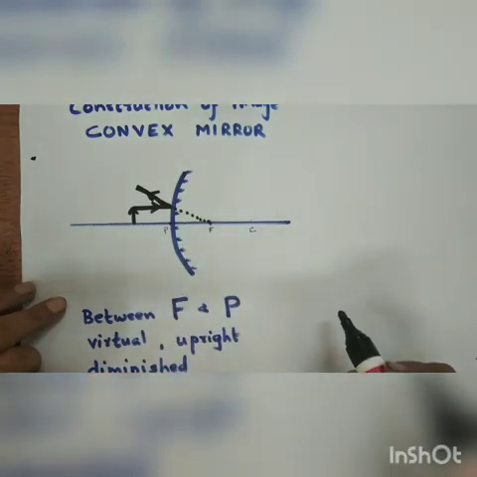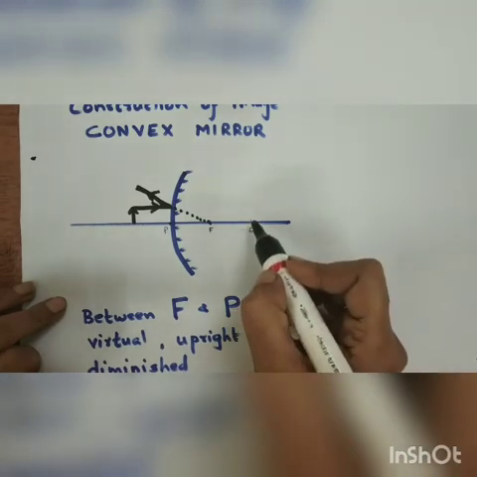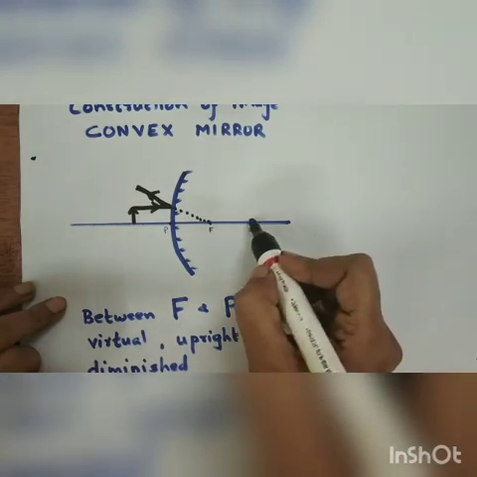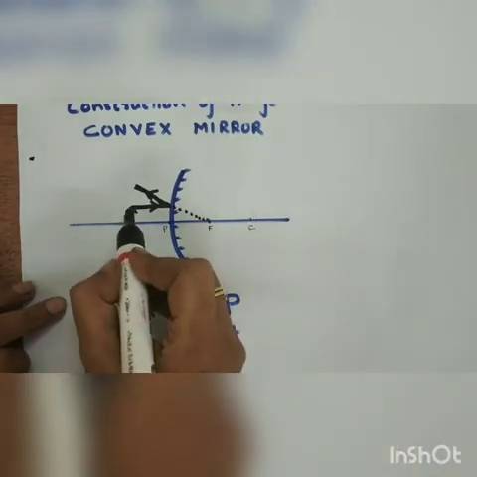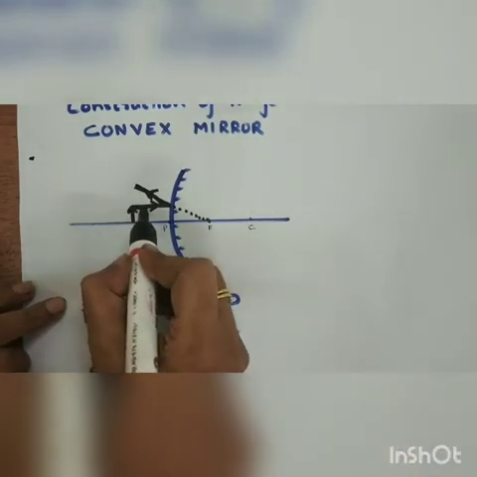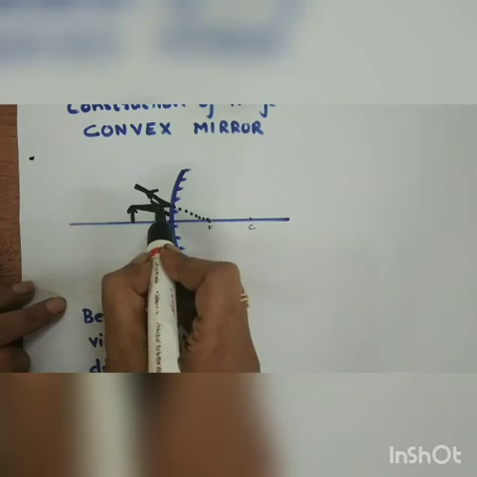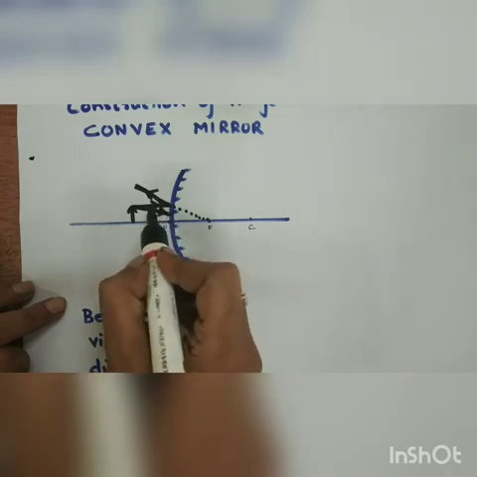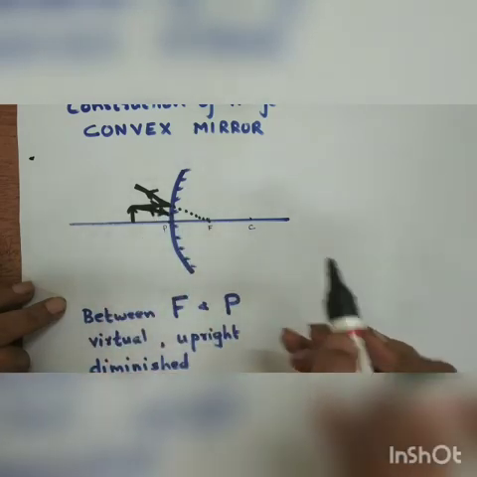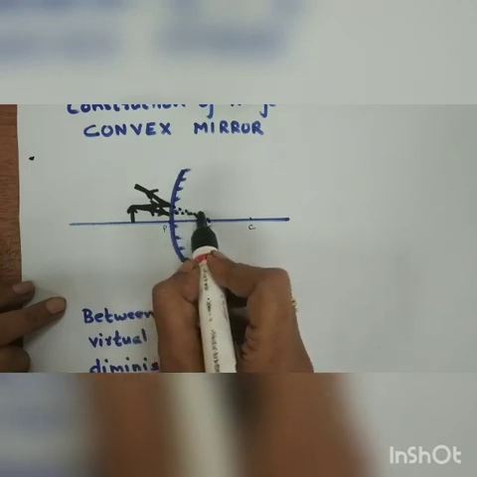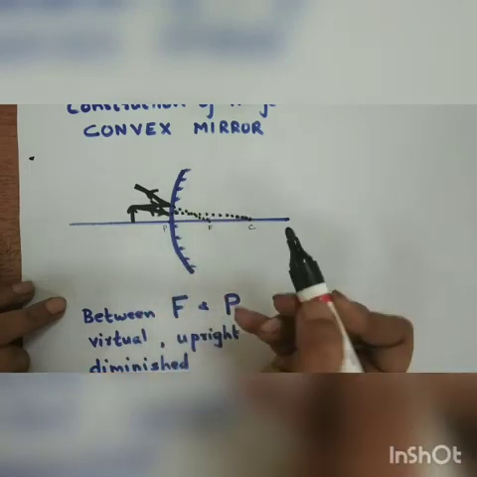And the next ray, a ray of light passing through the center of curvature. This is the center of curvature. A ray of light coming like this falls on the mirror and reflects back, but it appears to come from the center of curvature.